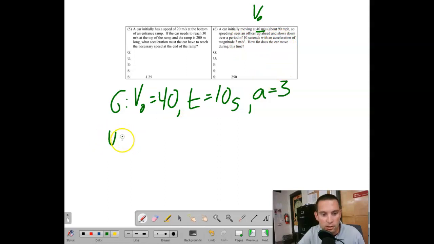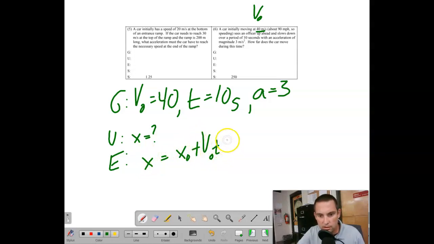How far? That means we're looking for a distance. So what equation are we going to use? Well, we have v naught, t, a, and x. How about that displacement formula? x equals x naught plus v naught t plus 1/2 a t squared. It's already set up. Our initial position is 0, so that will just go away.